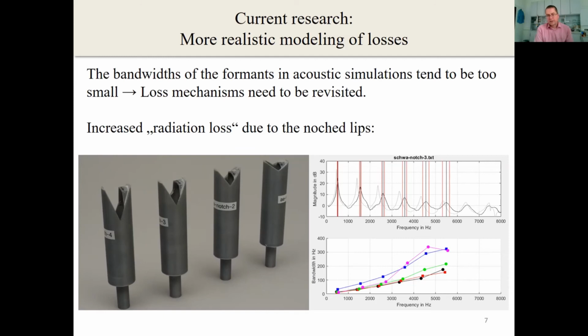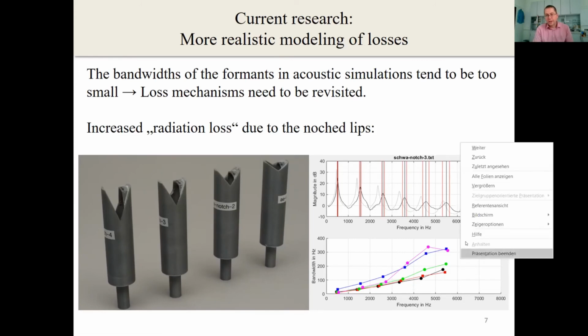And indeed, it is like that. So when we use these models with different notch depths and compare their bandwidth, then we see here in the figure on the right that the bandwidth is indeed increasing, and not only because the resonances shift towards a higher frequency with increasing notch depths, but also above this effect.